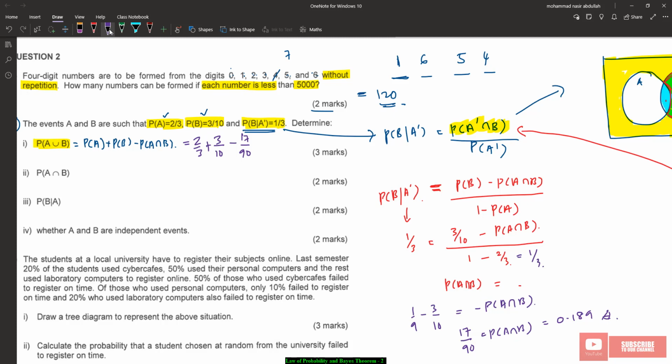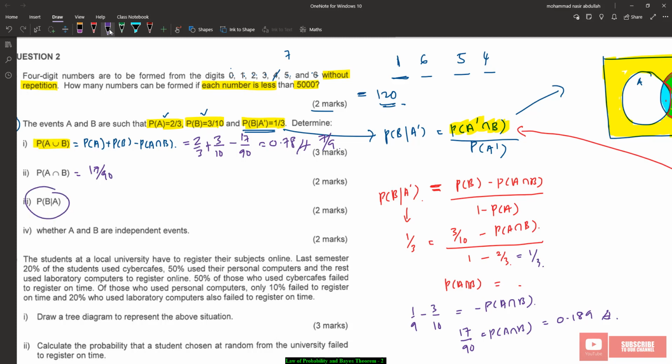It's 7 over 9. Right? You can make it a fraction or whatever, okay. So that's all. We have got this one, and also 17 over 90.